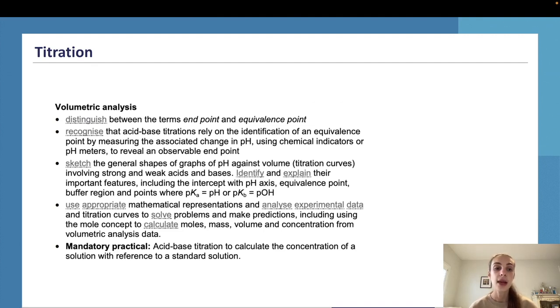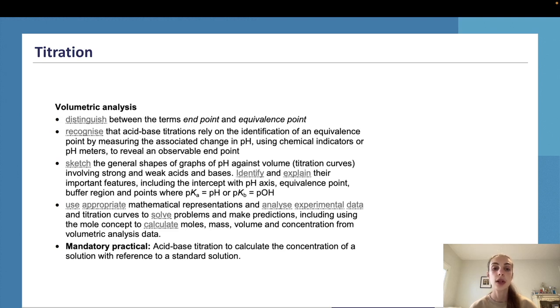We next need to be able to sketch the general shapes of graphs of pH against volume. This is what we call a titration curve. We need to be able to do this involving both strong and weak acids and bases and various different combinations of these. We also need to be able to identify and explain the important features of these titration curves.